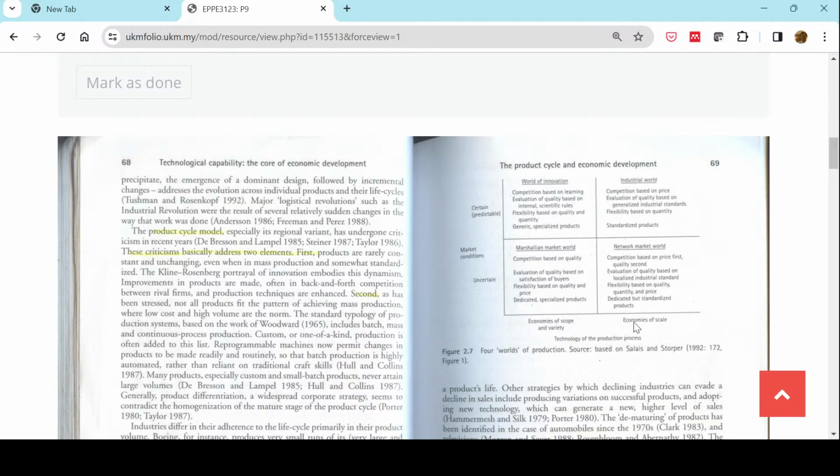This figure is a generic categorization. So generic and specialized products. This is the world of innovation, which can be predictable and it is based on scope and variety.